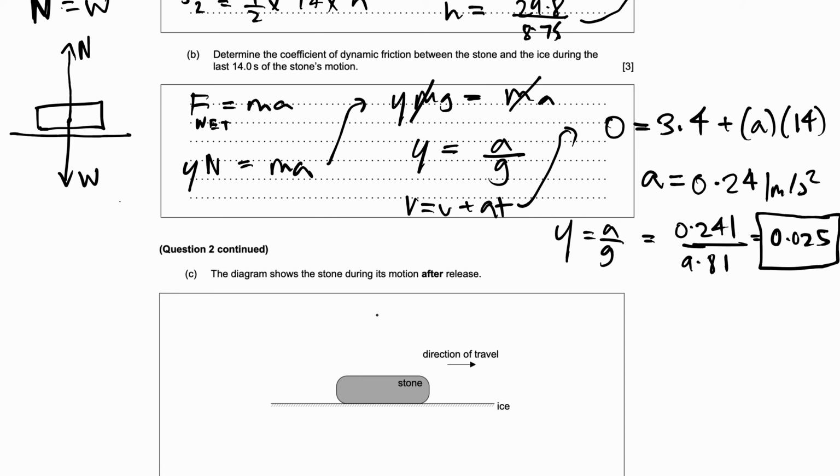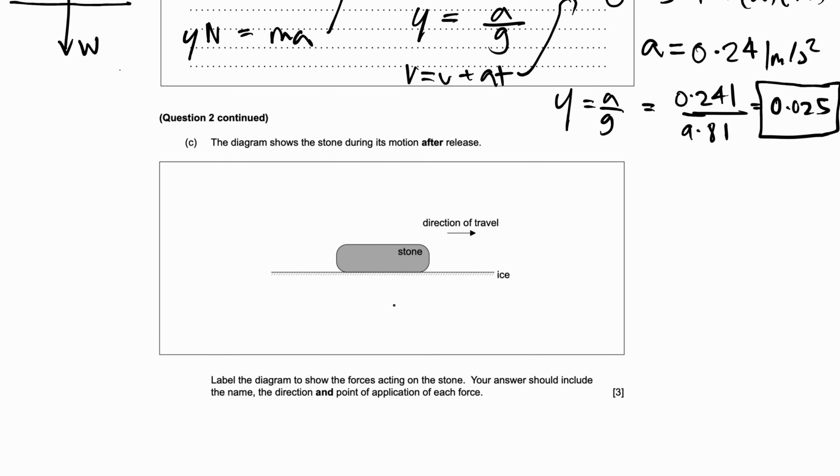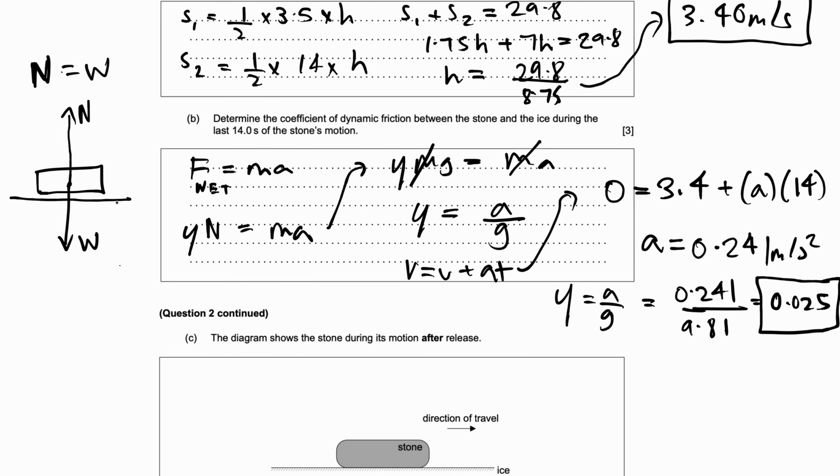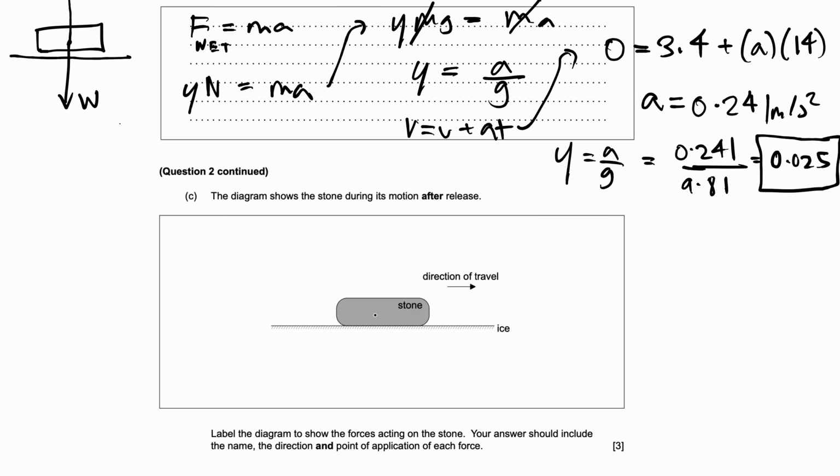That's your answer. And finally, part C. The diagram shows the stone during its motion after release. Label the diagram to show the forces acting on the stone. Your answer should include the name, the direction, and point of application of each force. Well, we kind of already did this before. We know there is a weight which always comes from the center. There is a weight, let's give the name properly, which is equal to mg.